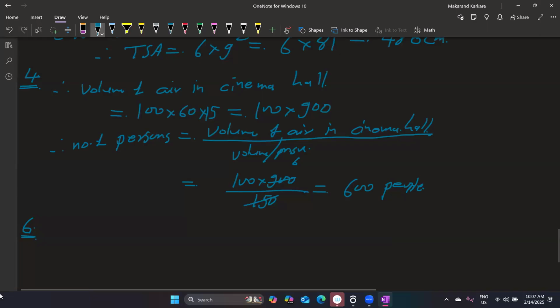Sir, when we say walls of the room, do we count the ceiling as well? No. So only the four walls, right? Only the 4 walls. Okay.